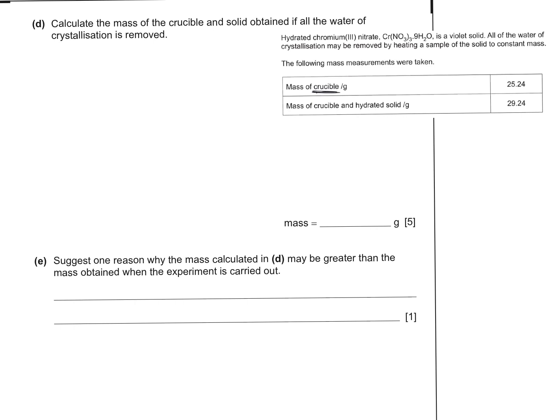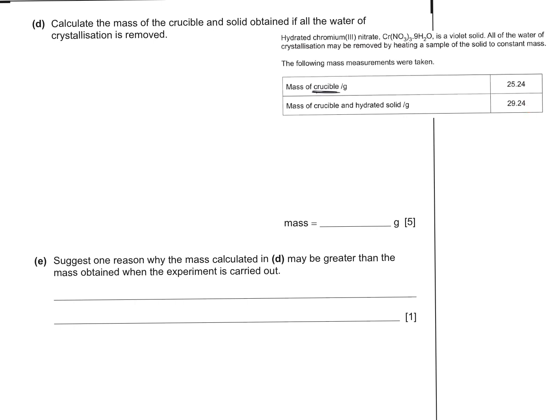D, calculate the mass of the crucible and solid obtained if all of the water of crystallization is removed. Well, there are two ways you could do this. So let's look at the first way. Well, if we subtract the 25.24 from 29.24, that will give us the mass of the hydrated salt.